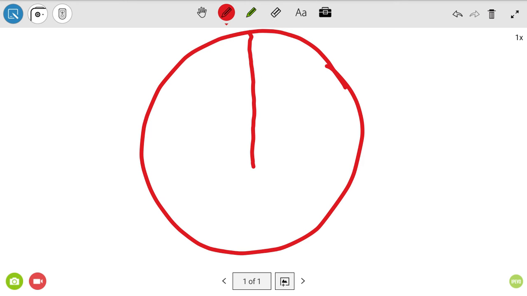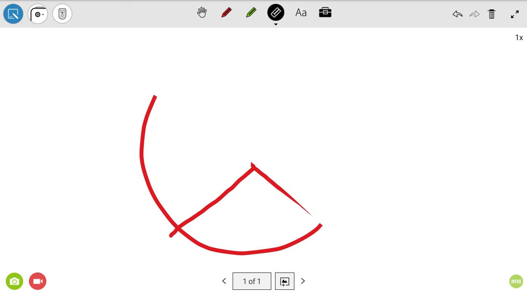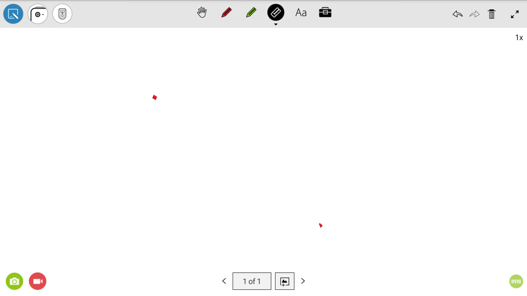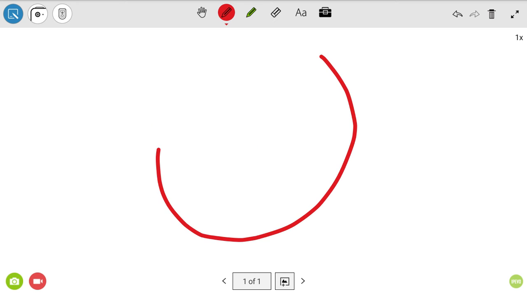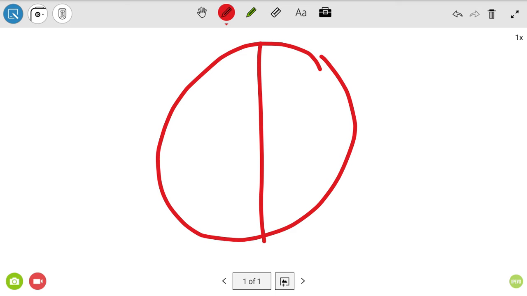Don't go all the way down, and then split it into a Y. It almost looks like a peace sign. And then if I want to partition my circle into fourths, I could just do a cross like this, equal parts.